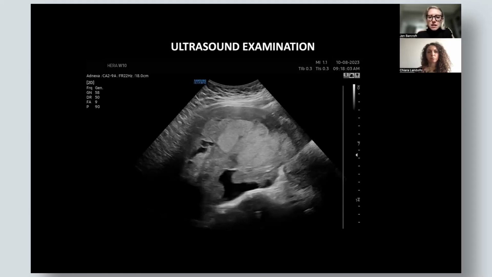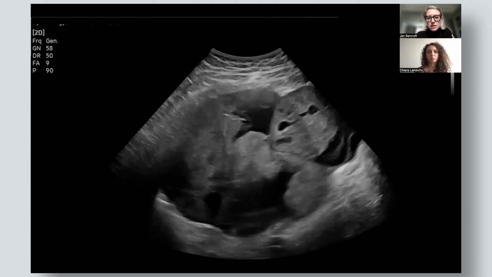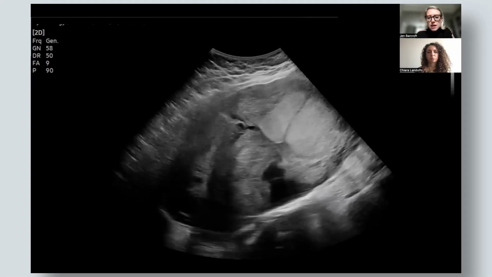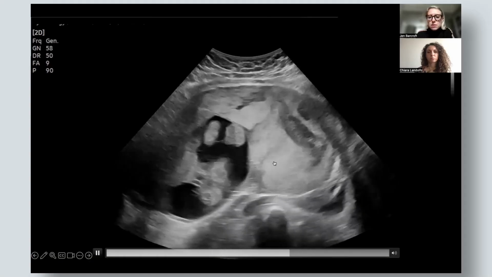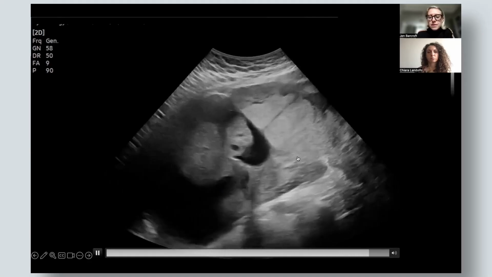And you can see here on video that we have got a large adnexal mass and we have got multiple locules, presence of a solid component. So we have a multilocular solid lesion.